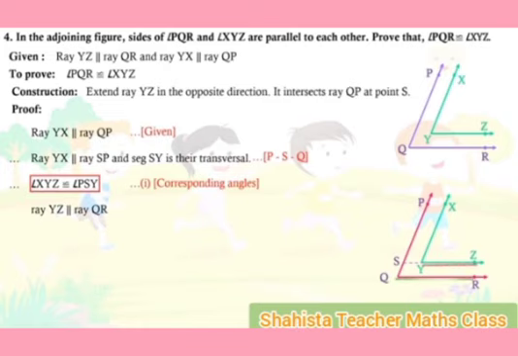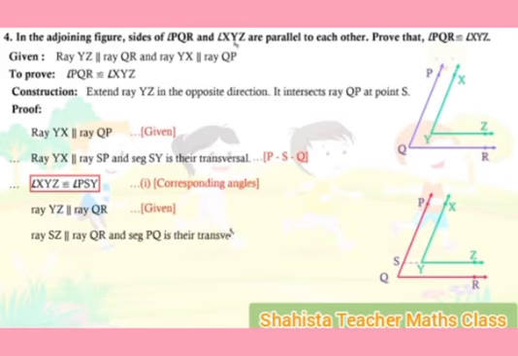Now here ray YZ is parallel to ray QR. See this green color and red color? Yes, they are parallel lines. They are given. After this, ray SZ is parallel to ray QR, and segment PQ is their transversal.